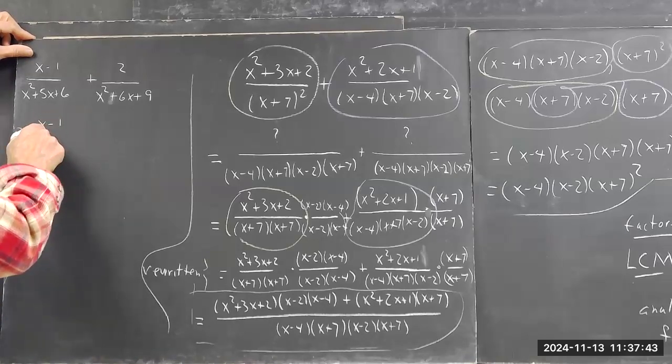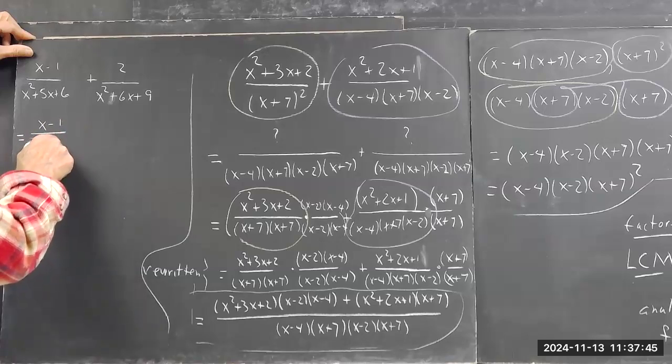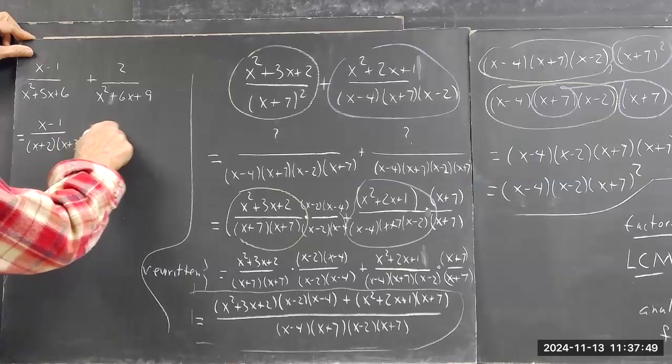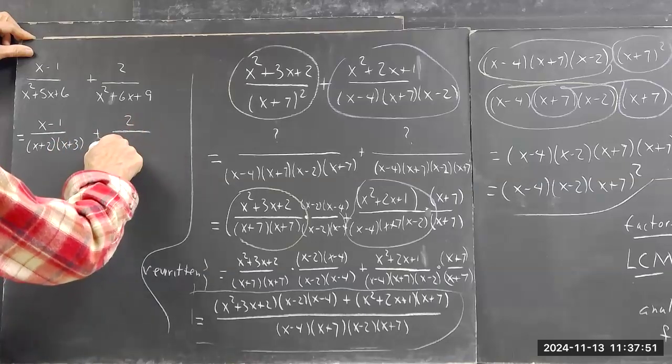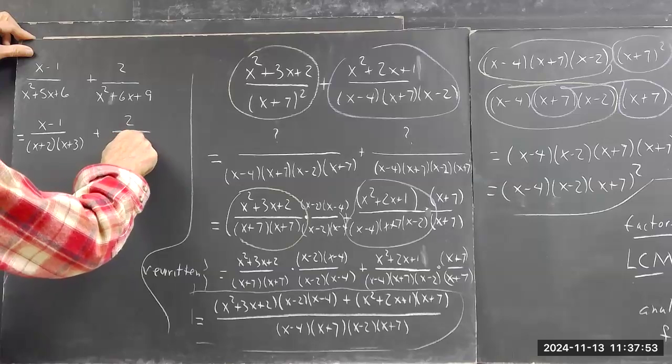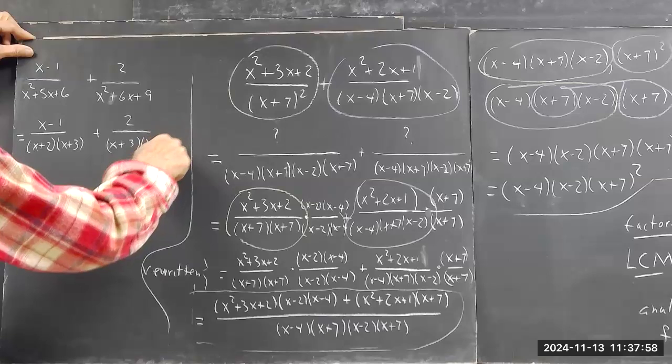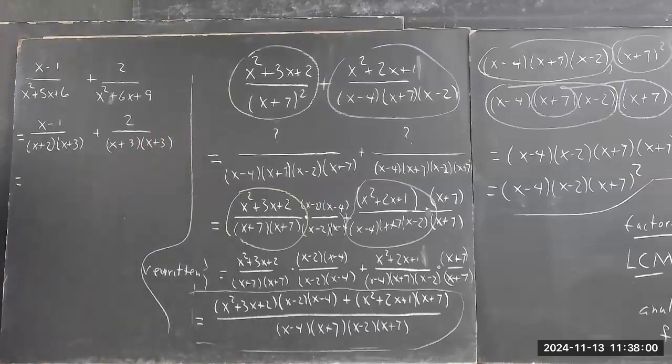Okay, you've got x minus 1 over x plus 2 times x plus 3, plus 2 over x plus 3 times x plus 3. Okay, now what's your common denominator going to be?